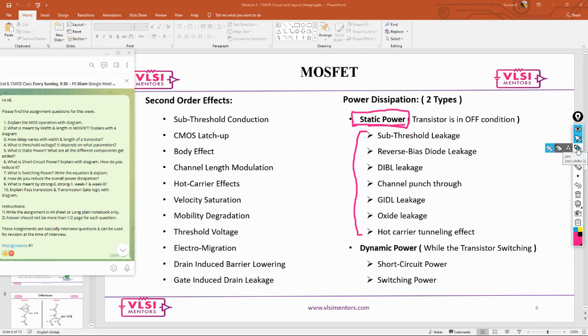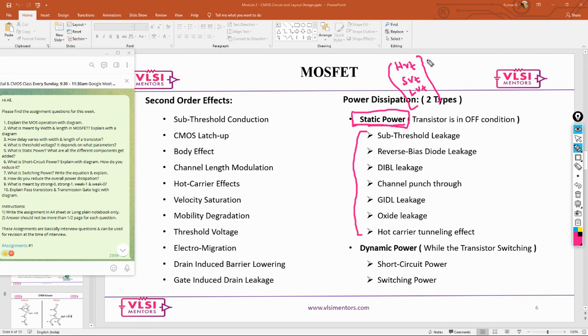The reason why I gave this question was because in industry we look at reducing the overall static power. So the next thing, if you'd have gone a little above and done a little research, you would have learned about something called HVT, SVT, LVT.